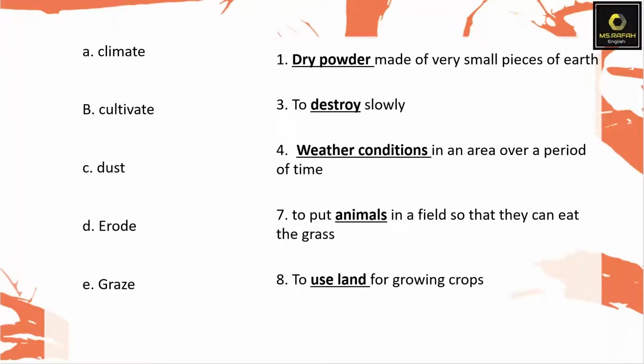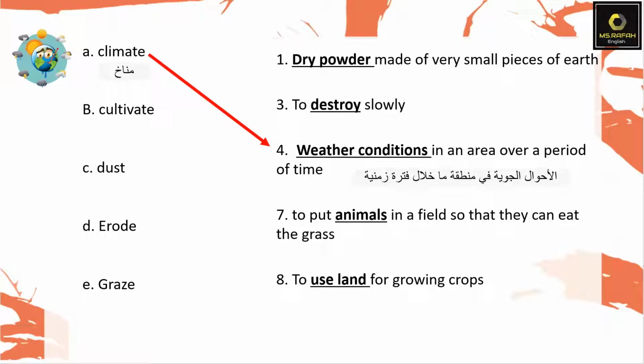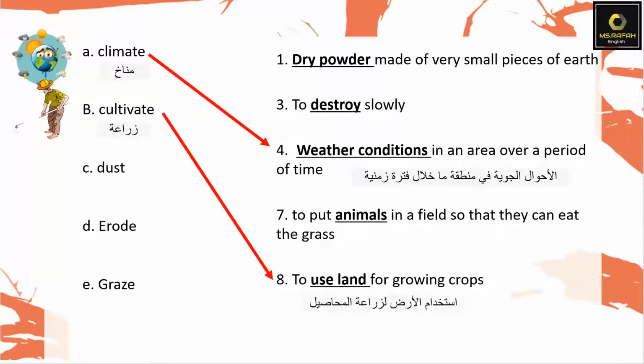Let's see. Climate. Weather conditions in an area over a period of time. Cultivate. To use land for growing crops.